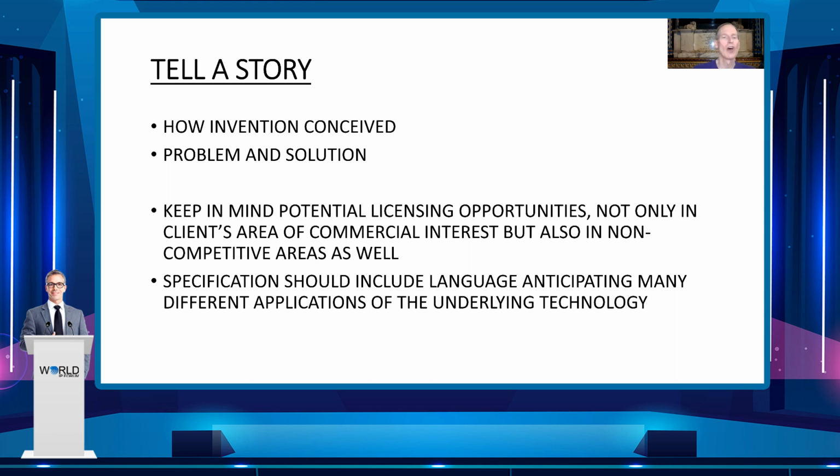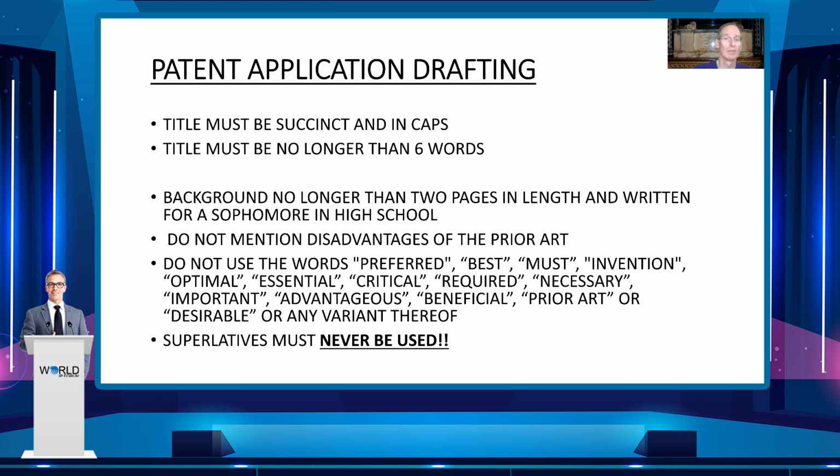But all this is always keeping in mind potential licensing opportunities, not only in your client's key area of commercial interest, but also in other competing areas. Things are more palatable to be licensed in those areas. In the specification, you want to include language that anticipates many different applications of the underlying technology. That creates a lot of value.